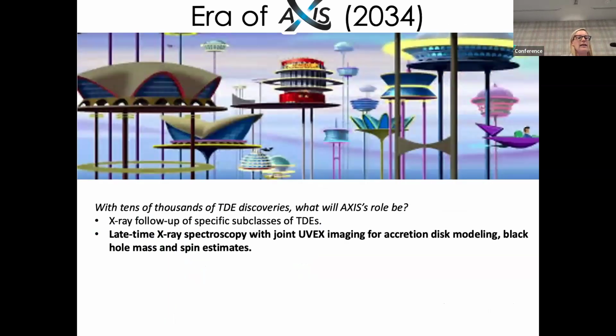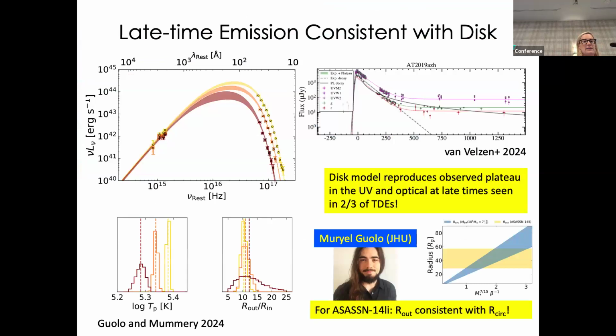Okay, so in addition to follow-up of TDEs, in particular, you can look at very late times in the X-rays, simultaneously, for example, with UVEX imaging, to actually model this compact accretion disk that gets formed in the tidal disruption event, and get parameters such as black hole mass and spin estimates.